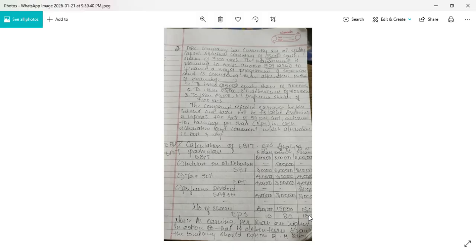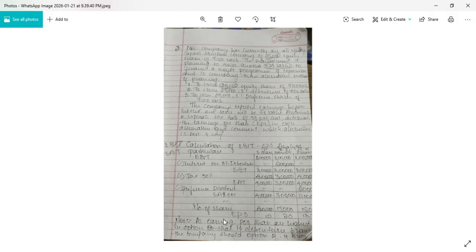Now we have to suggest to ABC company which option is best. When we saw EPS in all the options, which is highest? 20 is highest, in the second option. If the company goes for issuing 8% debentures, then the company will get 20 as earning per share.